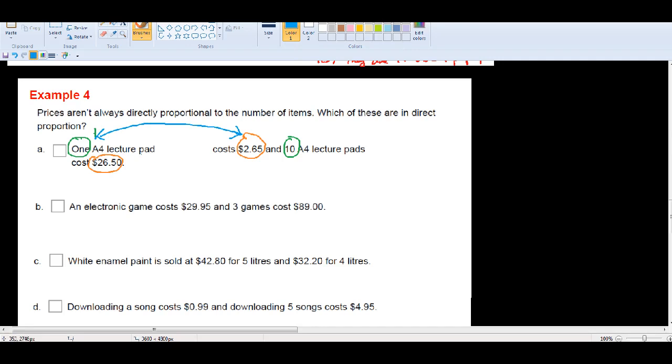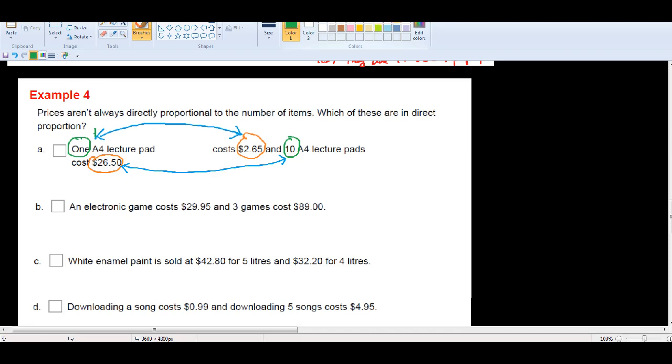One pack costs you $2.65, and 10 cost you $26.50. Let's see, do they match? Let's see the first pair.